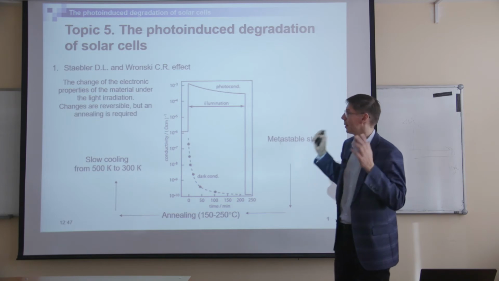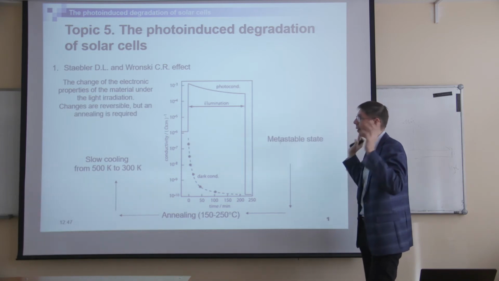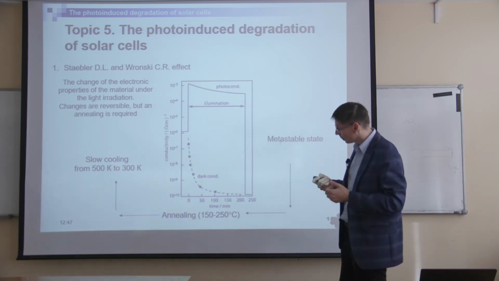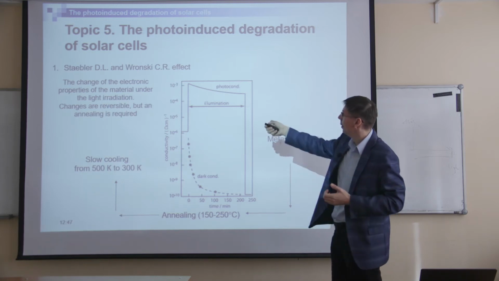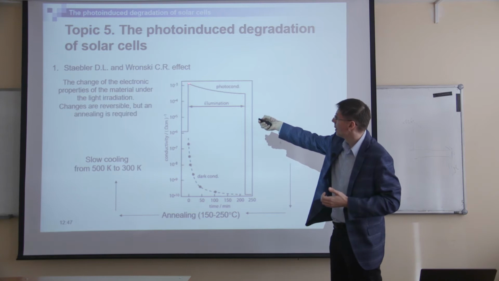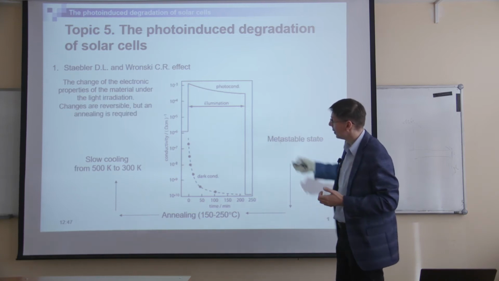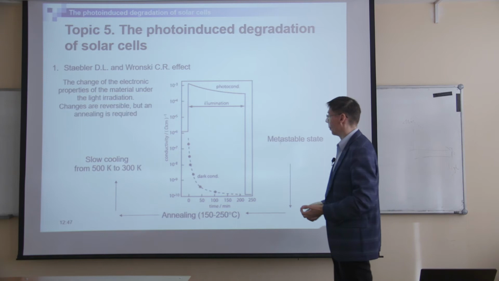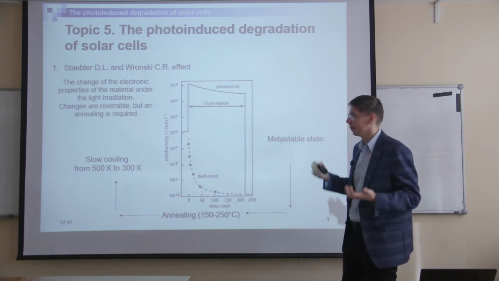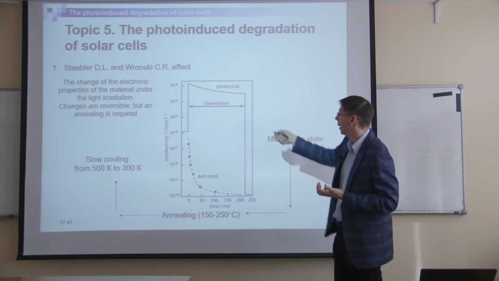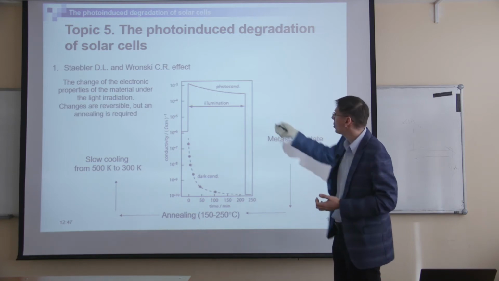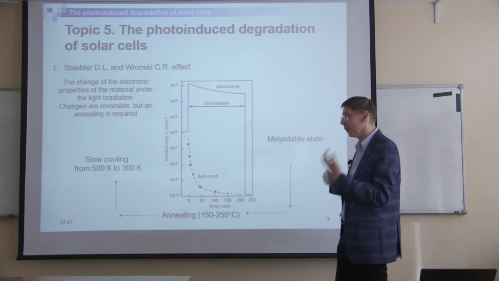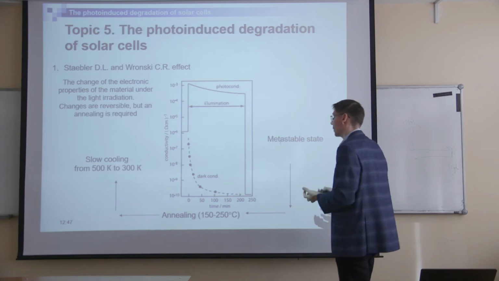So it's normal. But then it was observed that the value of the photoconductivity decreases with time. So you have illumination and the photoconductivity decreased. Actually, it is saturated, but we observed some kind of decrease.